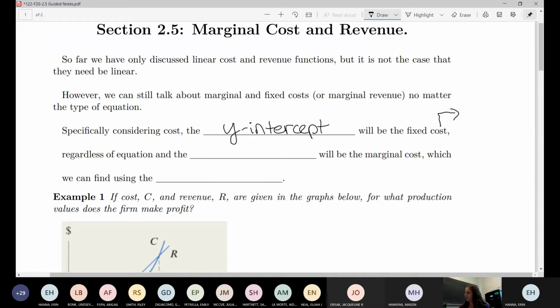Now I want to come off to the side really quick and do a side note. Now that screen's lagging. There we go. So fixed revenue and fixed profit. I don't want to say they don't exist, but they are not referred to as such.